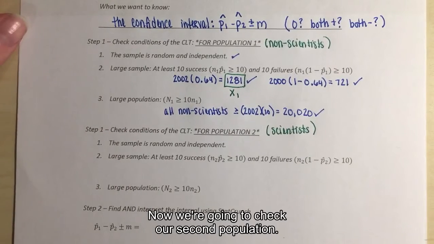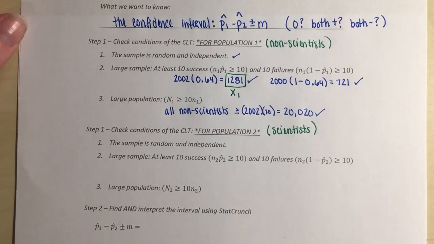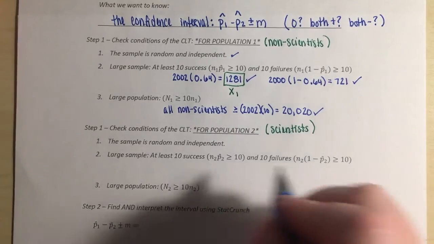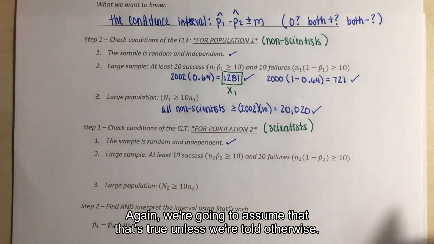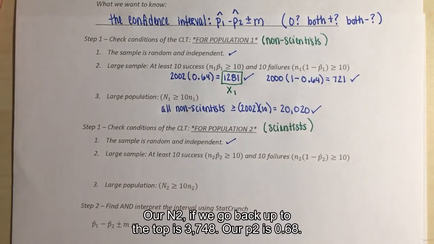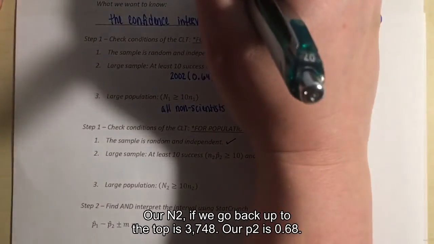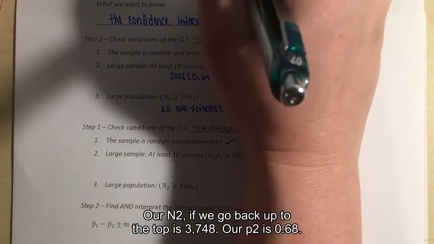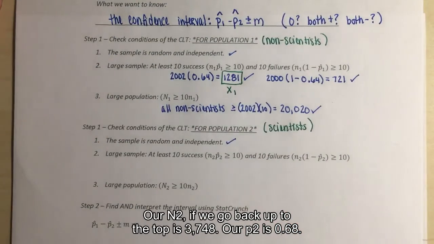All right, now we're going to check our second population. Sample is random and independent. Again, we're going to assume that that's true unless we're told otherwise. At least 10 successes and 10 failures. Our n2, if we go back up to the top, is 3,748. Our p2 is 0.68.